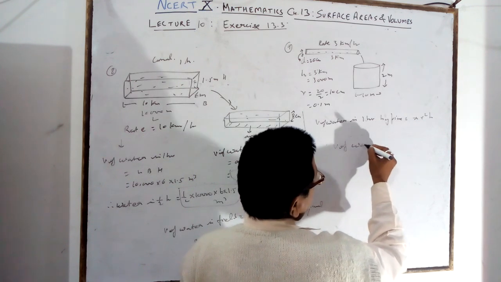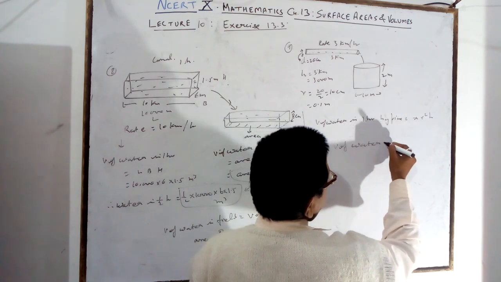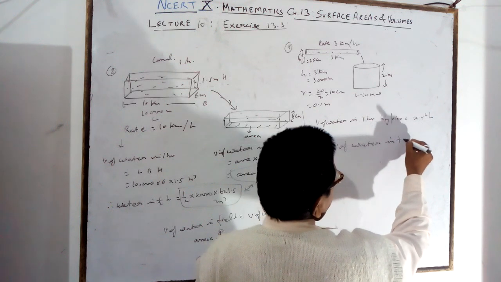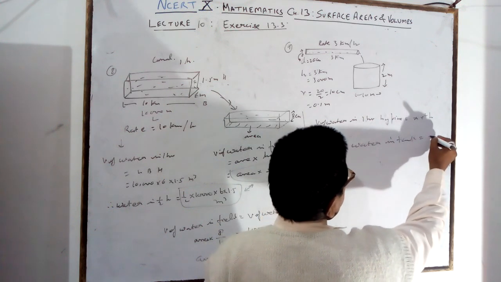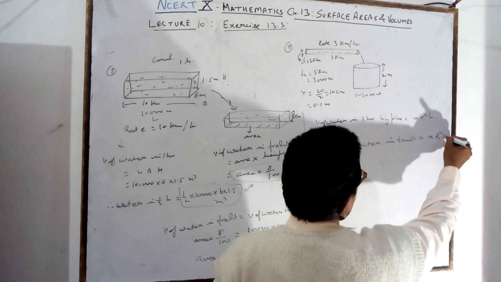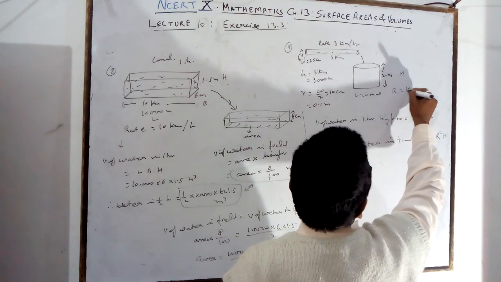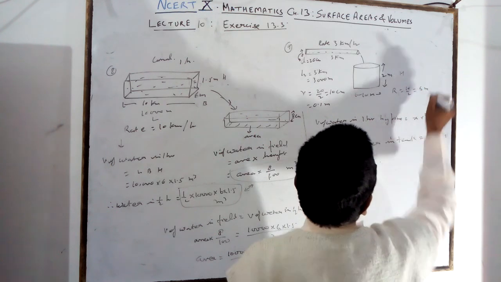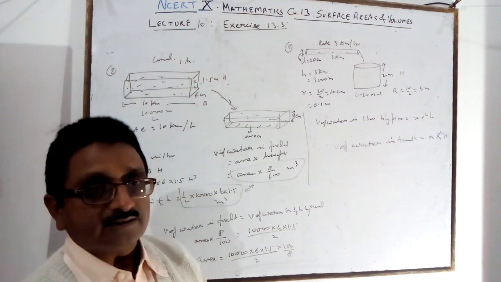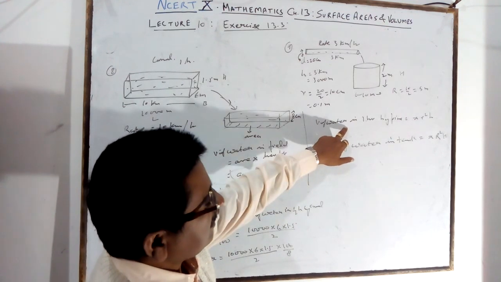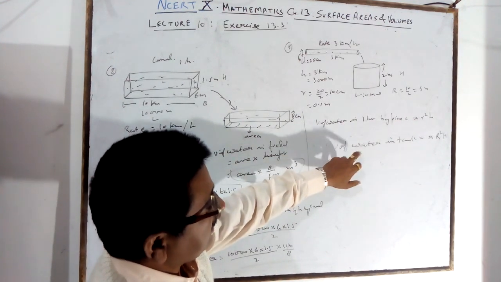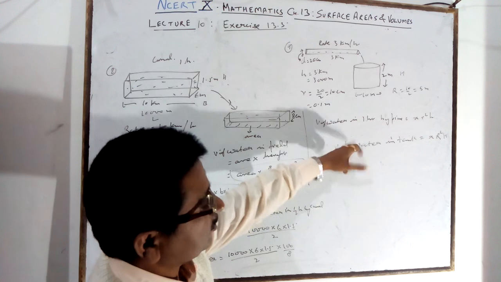Volume of water in tank required to fill, that is pi capital R square capital H. Capital R is 10 by 2, 5 meter. It is the volume of water in 1 hour, and the tank is where this water is going.